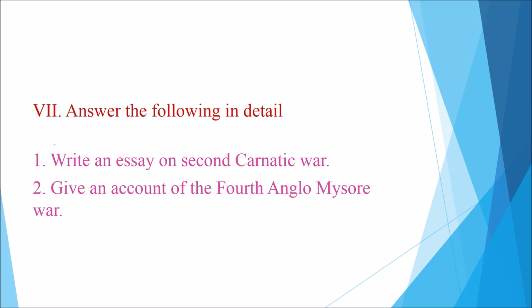Roman letter 7. Answer the following in detail. Question number 1. Write an essay on Second Carnatic War. Question number 2. Give an account of the Fourth Anglo-Mysore War. So I hope you are all having PDF notes. In that you can read short answers and detailed answers as well.